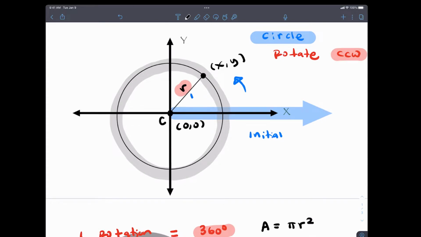And that should make some sense. If you guys plotted points in your life, you know there are points in the xy plane. The ones that satisfy the equation of the circle are all on the circle. Okay, good.